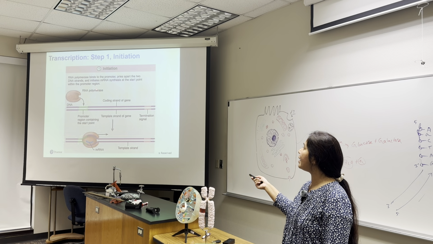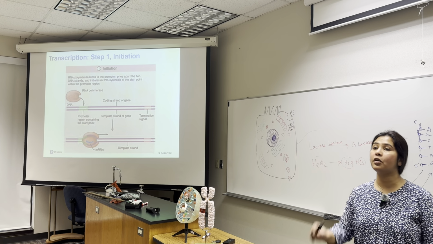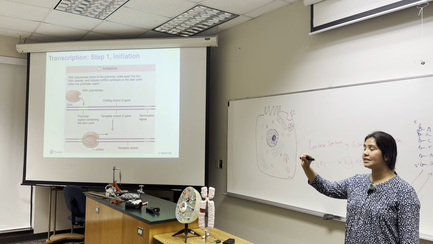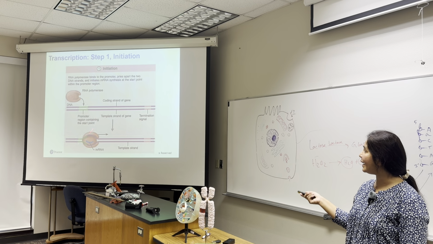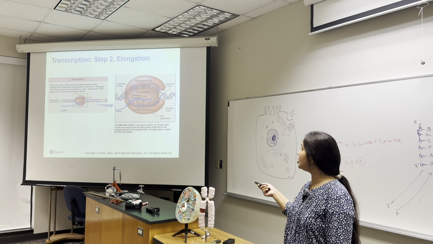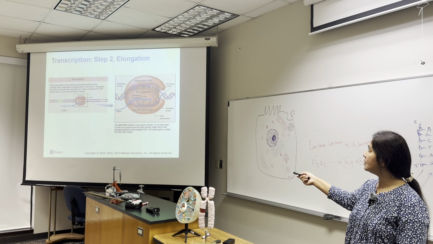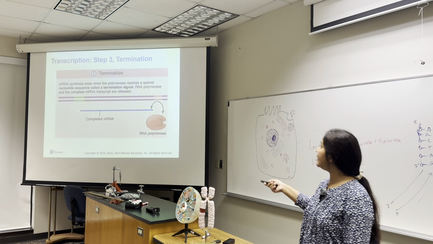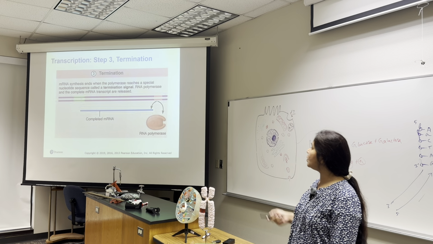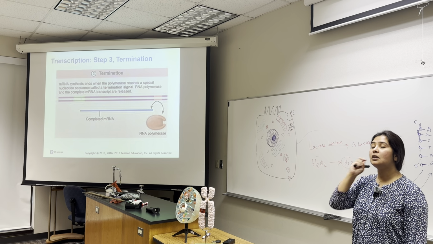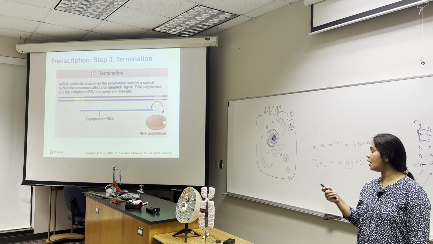In the promoter, RNA polymerase, which is responsible for generating the new messenger RNA, is going to get attached, and then elongation. By reading whatever information you have, you are generating the messenger RNA, and then by the termination, when you get the what? Stop codon, you stop the what? Generating the new messenger RNA.